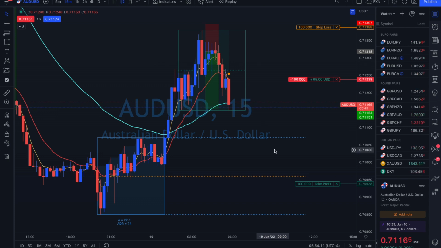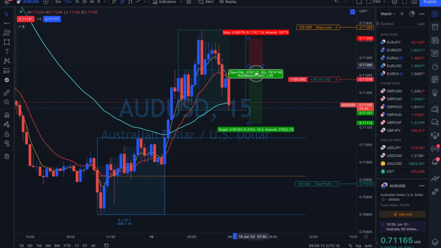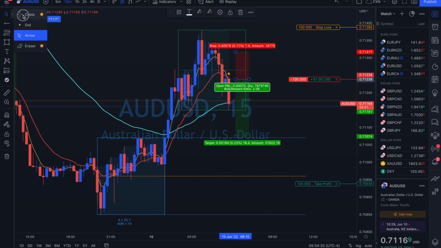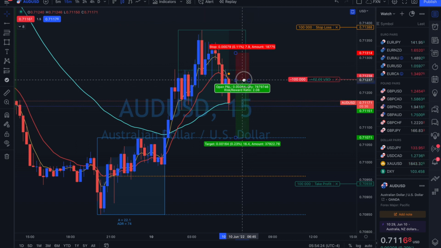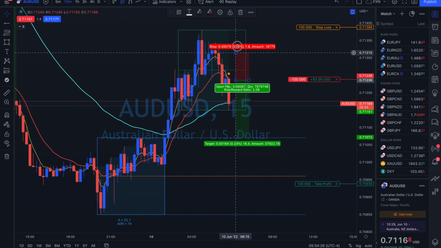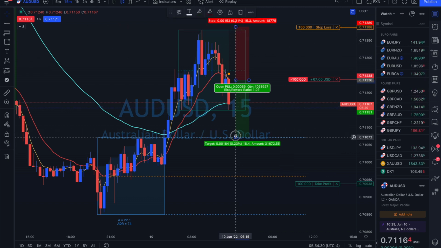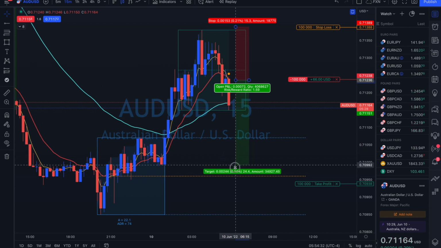So what I'm looking at now is seeing exactly where the entry was. Let me get this other one out here. Seeing exactly where the entry was, and then seeing visually what it looks like. 2 to 1 there.